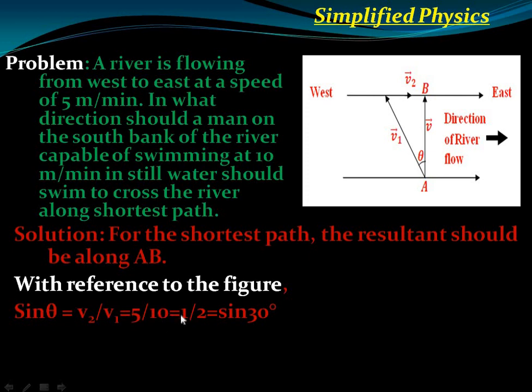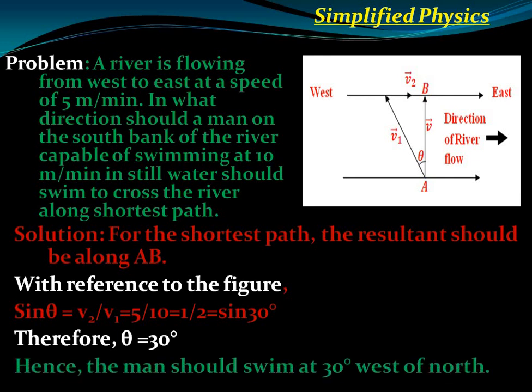That is simply 1 by 2, and sine 30 degree equals 1 by 2. So we can say theta equals 30 degree, and the swimmer should swim at 30 degree west of north, upstream, so that the swimmer can cross the river along the shortest path.